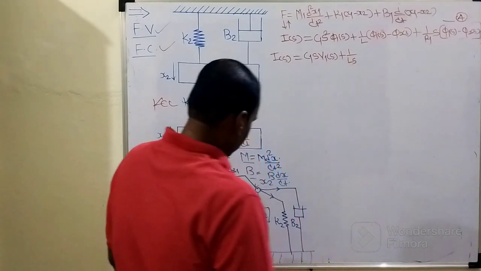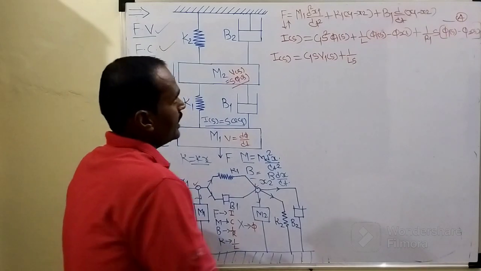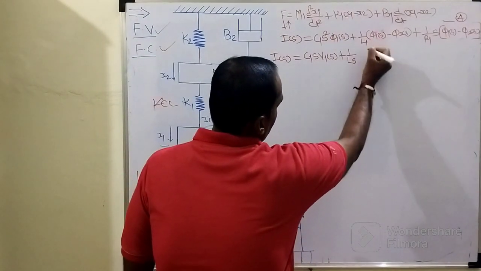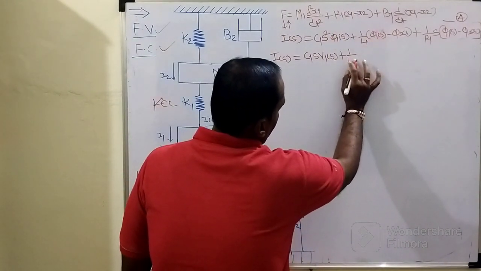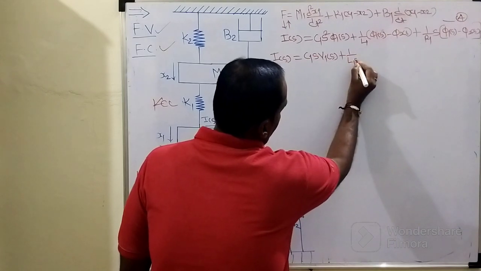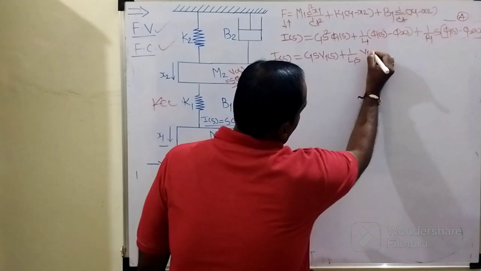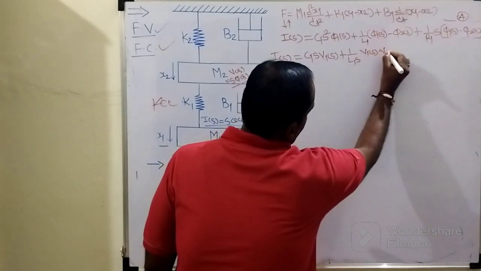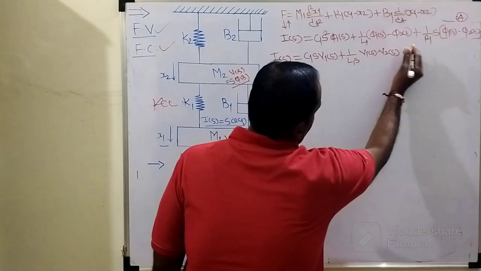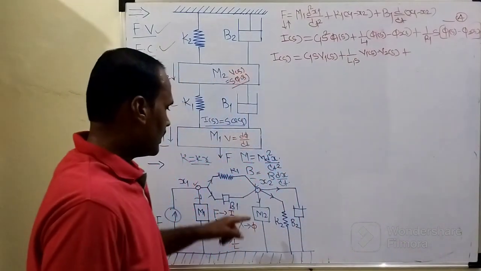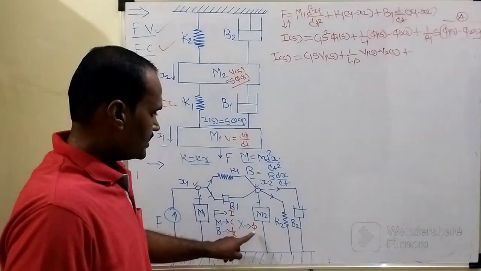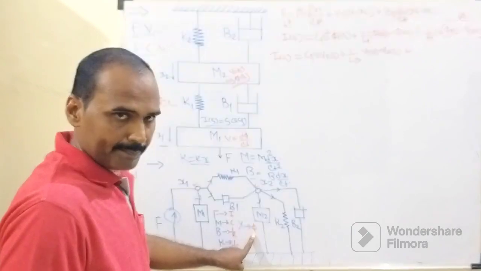This 1 over L is analogous to k, so basically which k? K number 1, so L1 here also, 1 over L1 times s into v1 of s minus v2 of s plus, because q is here, this x is analogous to phi, right?